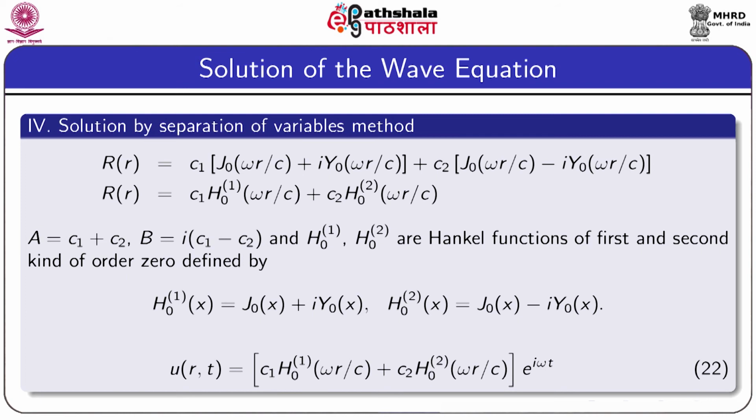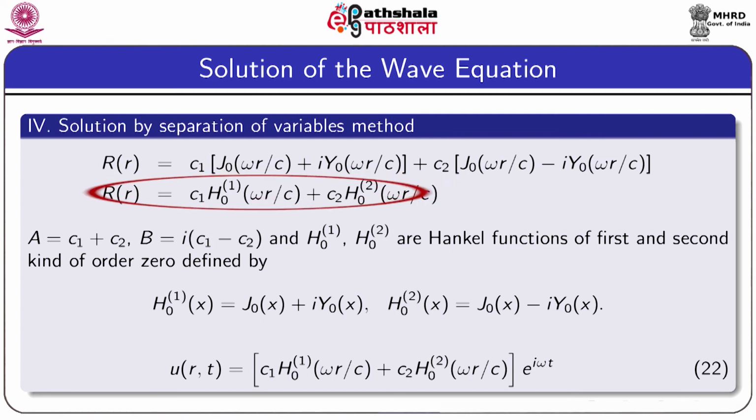Now, the solution can be written in complex form also in this way. R can be written as C1 [J0(omega r by c) plus i Y0(omega r by c)] plus C2 [J0(omega r by c) minus i Y0(omega r by c)]. This quantity in the bracket is known as Hankel's function.